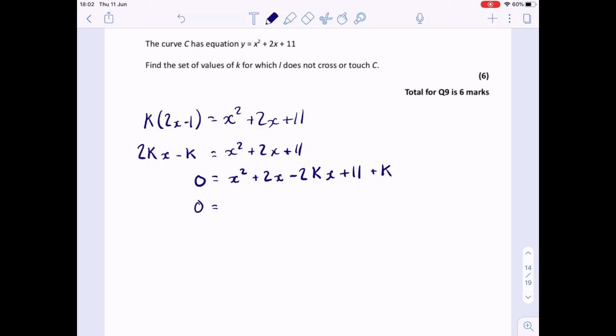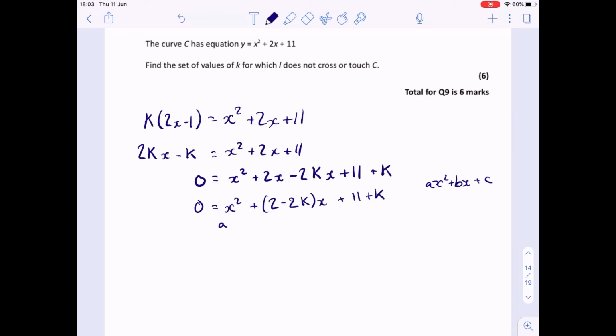What I'm going to do now is write it in the form ax squared plus bx plus c. I've got all of my x squared terms together, but if I now factorize x out, this is going to be 2 minus 2k times x, and then plus 11 plus k at the end.